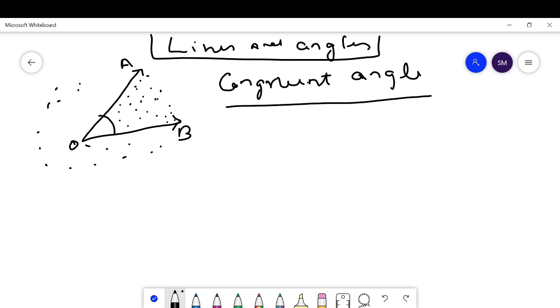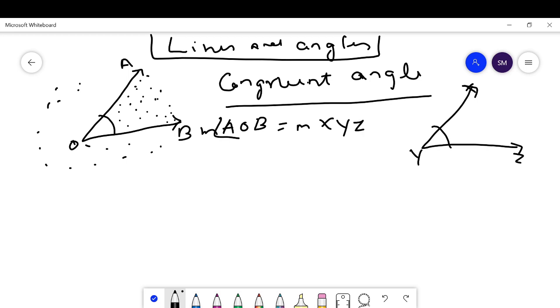Two angles, suppose AOB and XYZ, are said to be congruent angles when the measure of AOB is equal to the measure of XYZ. Suppose this is 65 degrees, this is also 65 degrees.